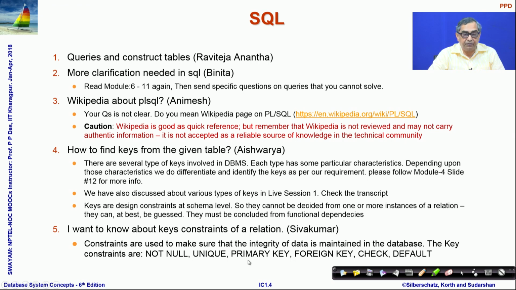Then we have the concept of primary key, which is the key on which a particular relation is usually indexed and stored, and the foreign key, which is in terms of interrelationship between two or more relations, where one or more attributes in a particular relation form a key in another relation. In that case we mark them as foreign key. We have check and default, these kinds of constraints that can be put forward.